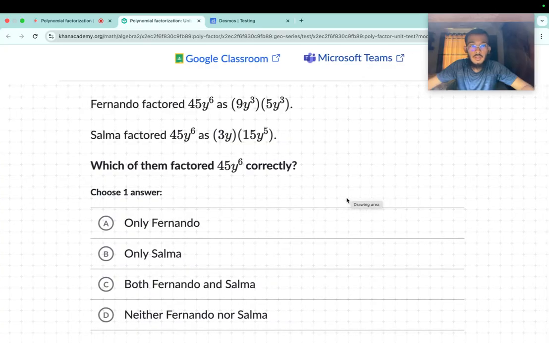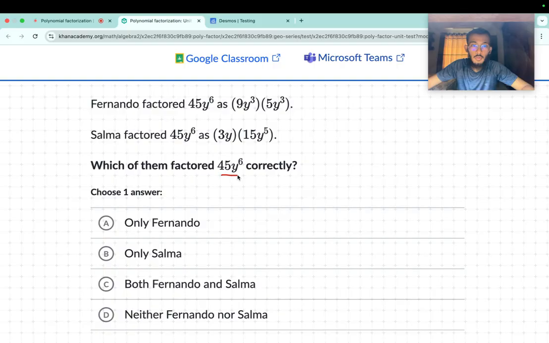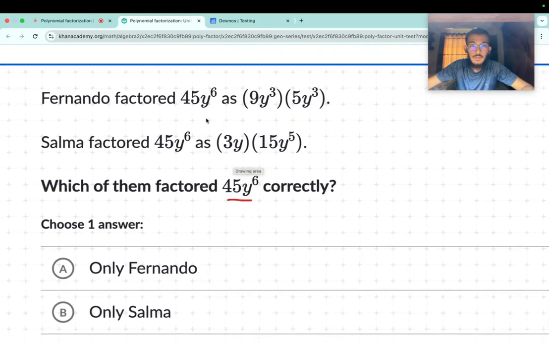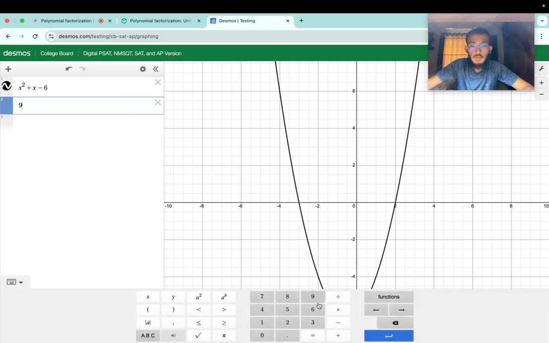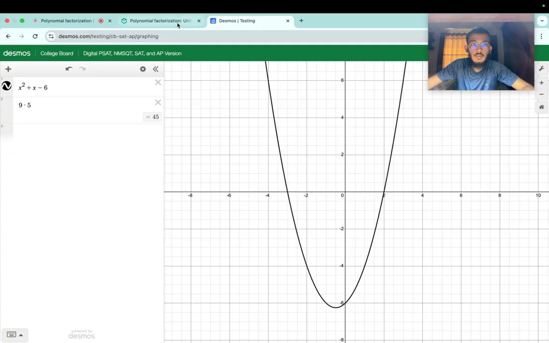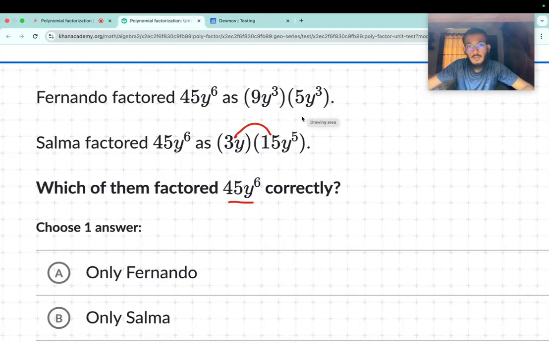Fernando factored this thing as this. Salma factored it this way. Which of them factored 4y to the power 6 correctly? Let's see. When we multiply this thing, we get the same result. 9 times 5 is 45, and the exponents add up to 6. 15 times 3 is also 45, and the exponents add up to 6 as well.